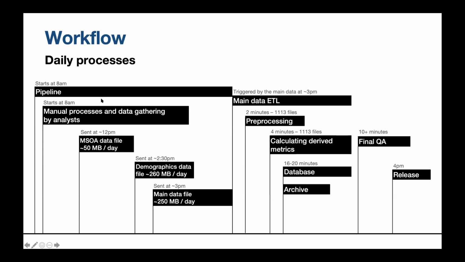We have 26 sources of data that feed into this pipeline. Not all of them are manually handled. Some need to be, most aren't. If one of those files is delayed, then we have a problem.